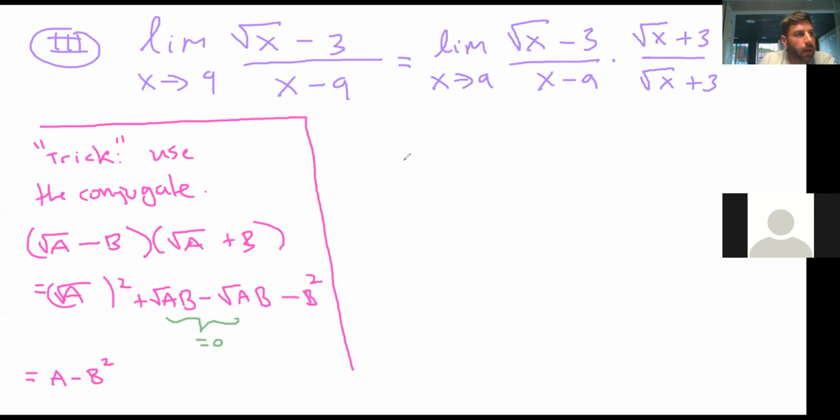Now, because I've done this before, I understand that the hidden trick here, the observation to make, is to multiply the numerator, but do not multiply the denominator. So what I mean by that is I am going to note that the numerator, when I multiply it, becomes x minus 9.